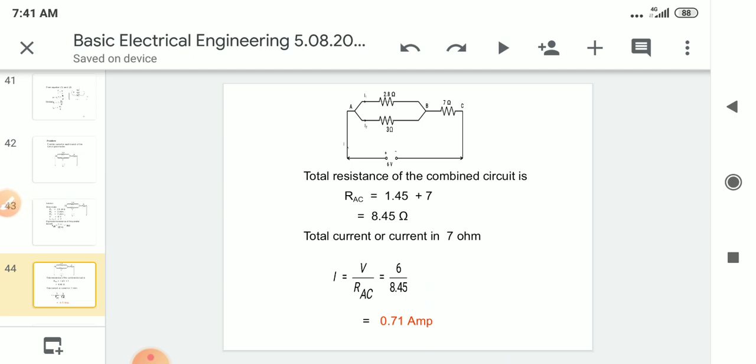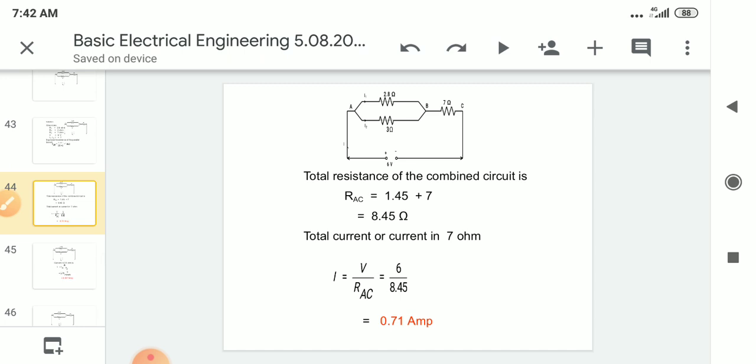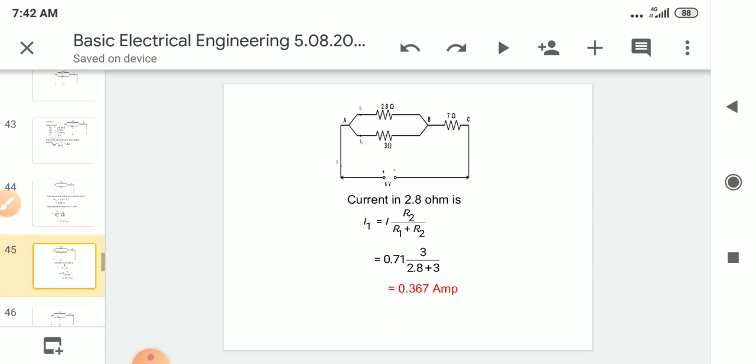So to find the total current according to Ohm's law, what do we have to do? I is equal to V by R. Here they have given the data as V is equal to 6 and the total resistance we calculated as 8.45. So I is equal to V by R, right? By using Ohm's law, we calculated the value of current. Now we have our total current. Here the question is to find the value of I1 and I2.